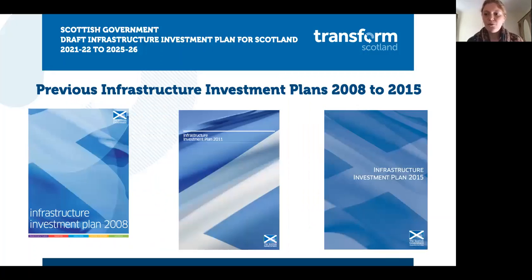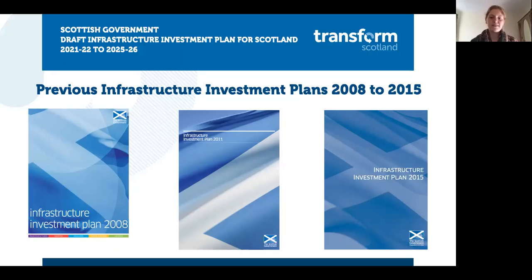So this is the fourth in a series of IIPs. The first one was published in 2008, with the following ones being published in 2011 and in 2015. And in the past, the Scottish Government has published updates on these IIPs every 6 months, so I would expect that that will be happening with this one as well.